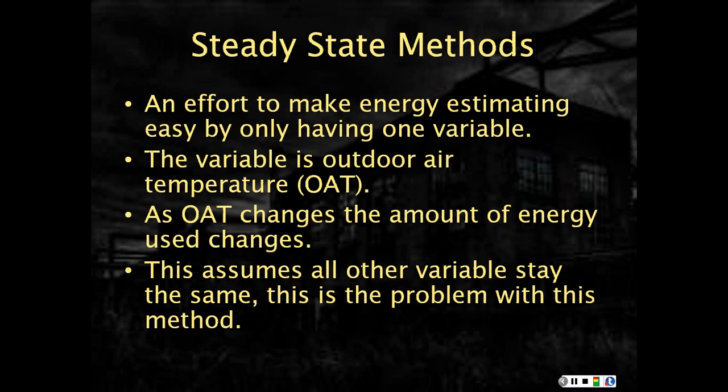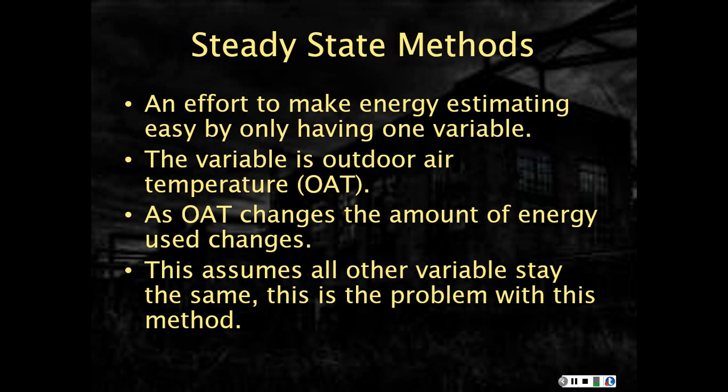So first of all, let's look at the steady state methods. They are an effort to make energy estimating easy by only having one variable. You already realize that limiting something to one variable might not work for a lot of situations, so you need to understand that having a single variable has limitations.